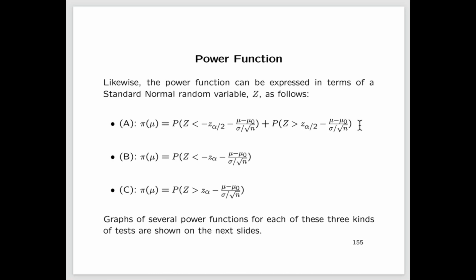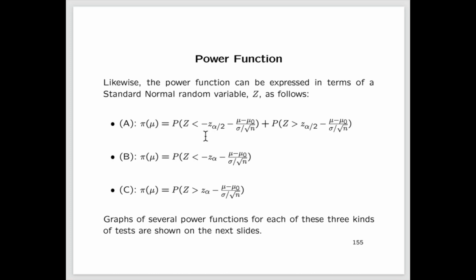And so again, the nice thing about these representations for the power functions for the three types of tests is that the dependence of these power functions on mu is explicit. We can see exactly how these expressions depend on mu.